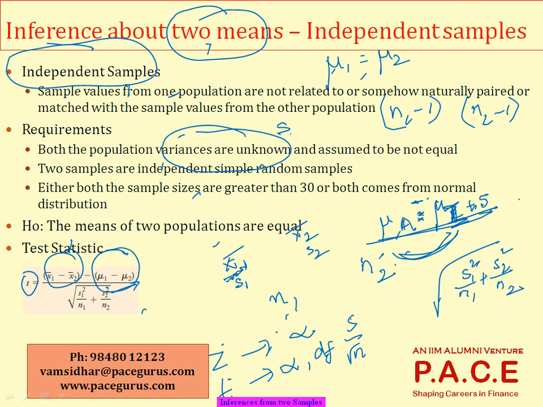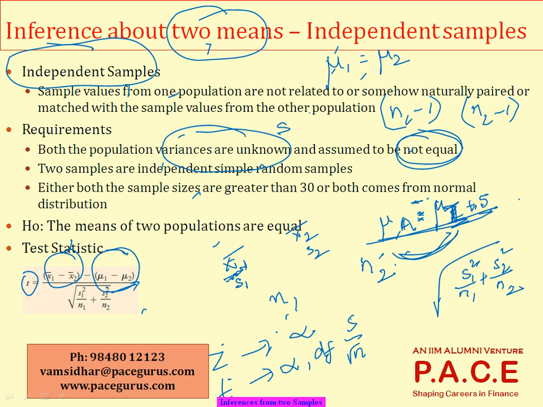So one mandatory requirement is that the population variance should not be known, and I should assume that they are not equal. If they are assumed to be equal, we have another mechanism. We'll also talk about it in the next couple of slides.